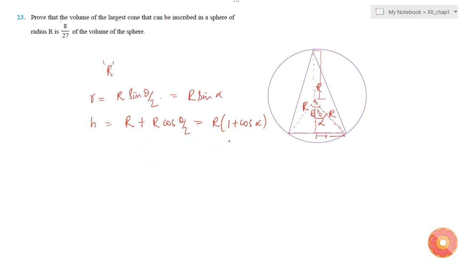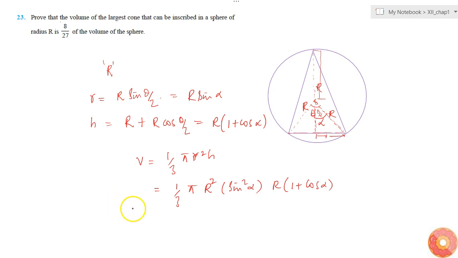And next thing what we can do is we are asked to find the dimensions such that the volume of the cone is largest. So volume of cone is simply 1 by 3 pi r square h, small r square. So that is simply 1 by 3 into pi into capital R square sin square alpha, and the other thing is R into 1 plus cos alpha.